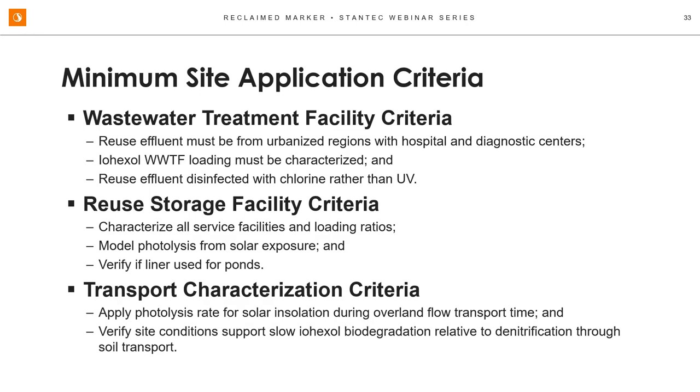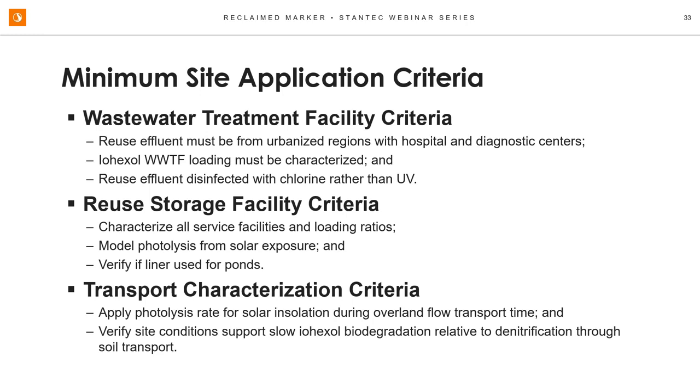So just being in an urban region isn't really sufficient. If you have multiple plants, you really would have to do a measurement to see, do I actually have an adequate amount of iohexol, unless you really understood exactly how much loading you were getting from these hospital and diagnostic centers through your pretreatment program.